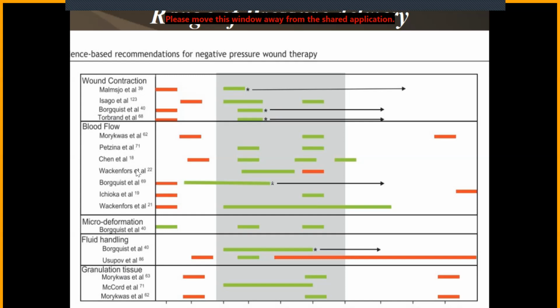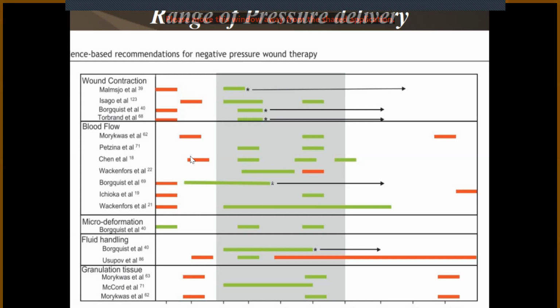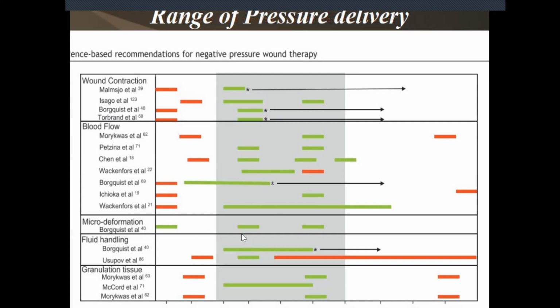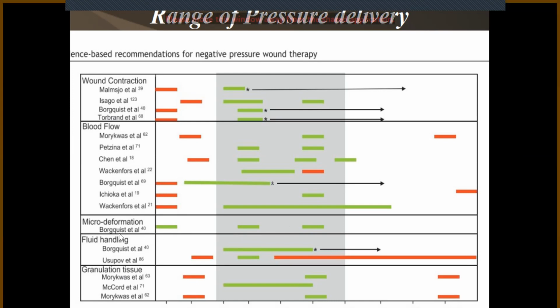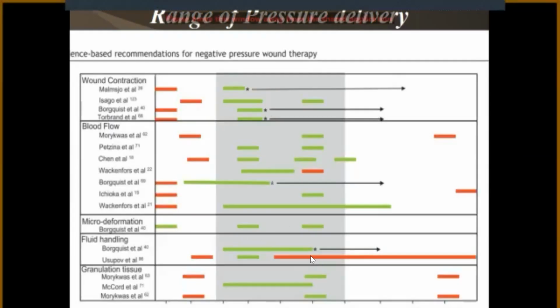These 7 studies found that the effect of pressure on blood flow is optimal from -50 to -150 mmHg. Then micro deformation is from 0 to 150. Fluid handling is -50 to 100, or almost 120 we can say.